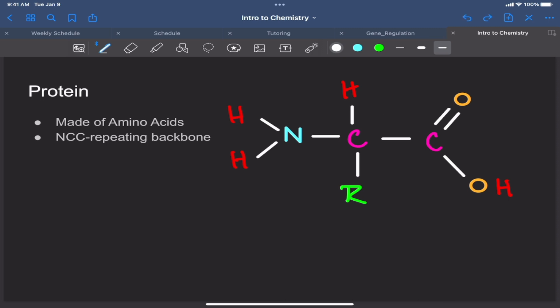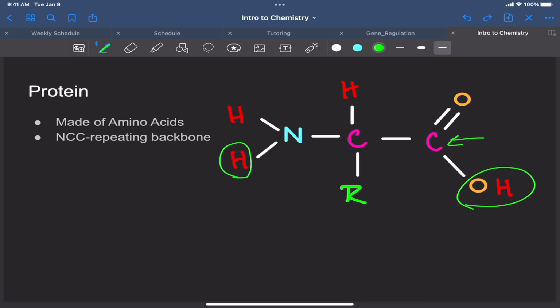We'll get more into the structure of these when we talk about proteins, because this is going to be really, really important. And how we get long strings of these, essentially what's going to happen is you take 2 amino acids, this hydrogen and this OH will be lost, and then this C of the other molecule will bind to the N.